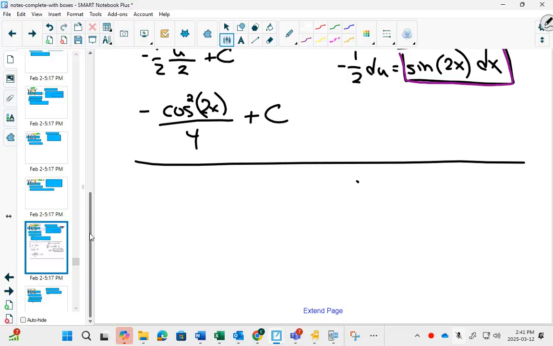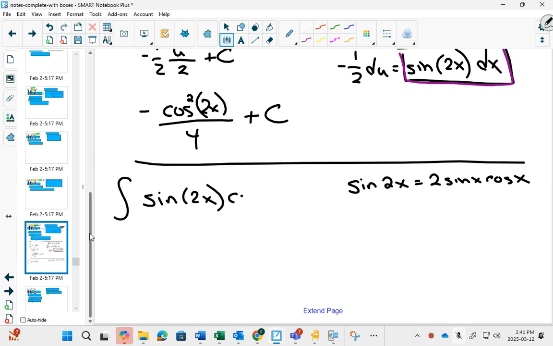Do you know this? Is this one of the ones you've memorized? So my question is, do you see how close this matches to the right-hand side? What's missing?